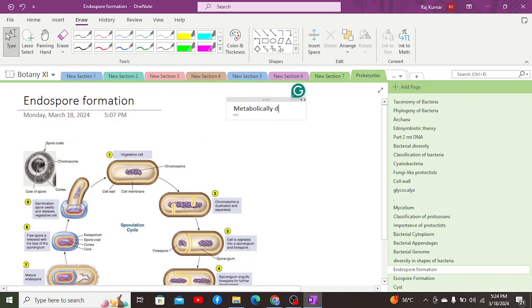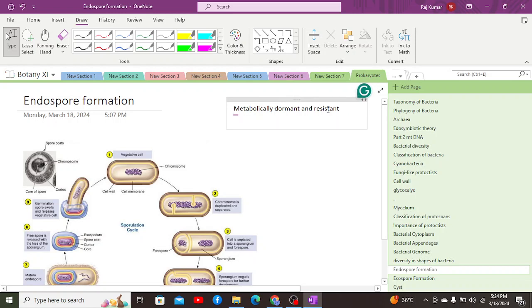They form metabolically dormant and resistant bodies.